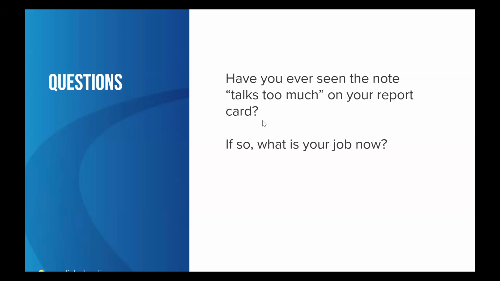I don't know if they said talks too much, but they always talked about me as a leader. In 6th grade, I was the leader of the student council. I thought that was so cool. I learned Robert's Rules of Order. And then I don't know your name, but the person who taught speech, I was in Toastmasters. Does anyone know Toastmasters?